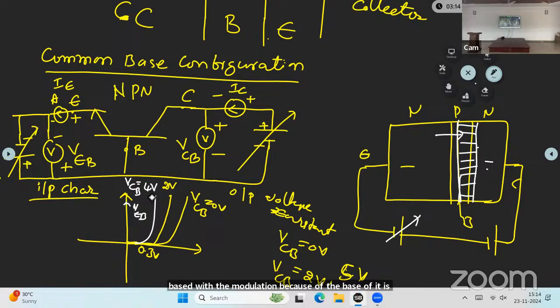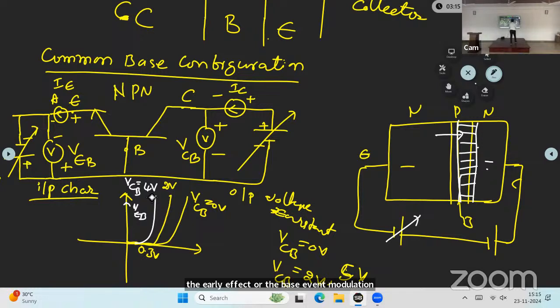Why is the base width modifying? Because the depletion region is penetrating into the base region, so the base width will reduce. Because of that, the input characteristics will start early. That effect is called the early effect or the base width modulation.